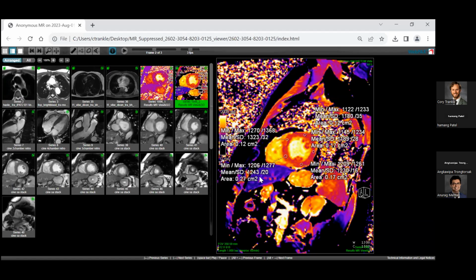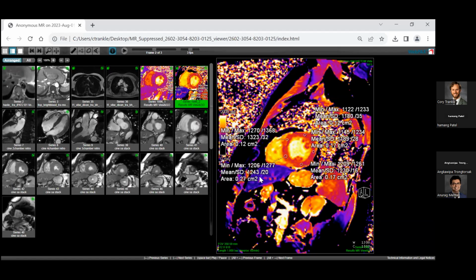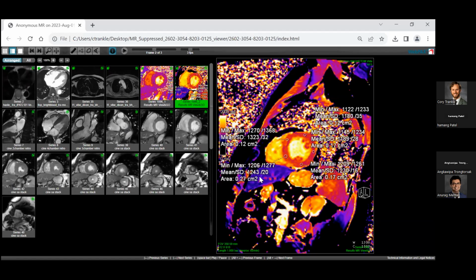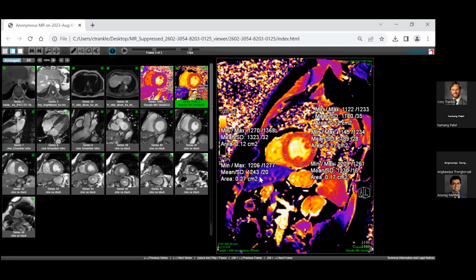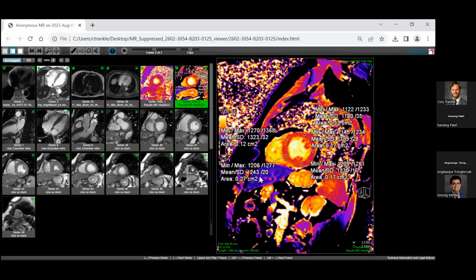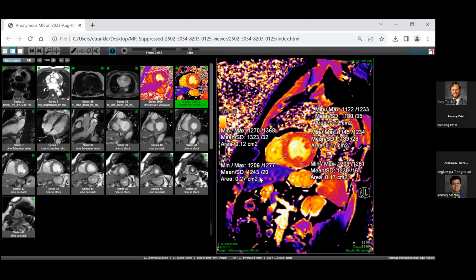Now, those of you that are on the Zoom are not going to be able to see my hand, but I've got my hand standing up here and I'm spreading all of my fingers apart. And so this airspace between my fingers is where those myocytes reside.